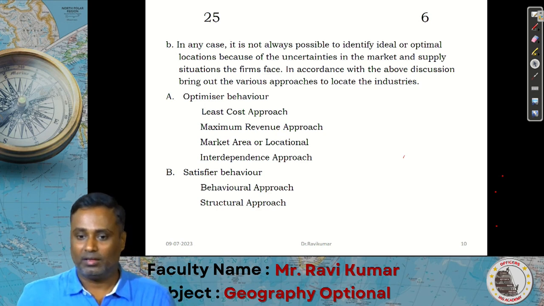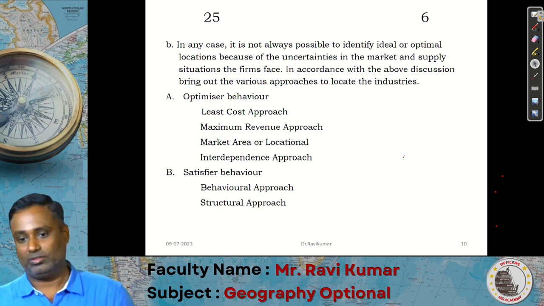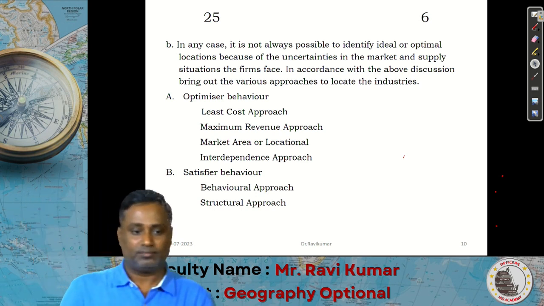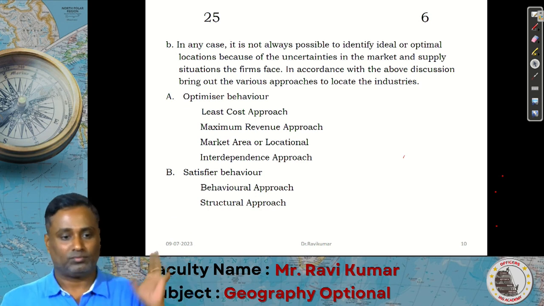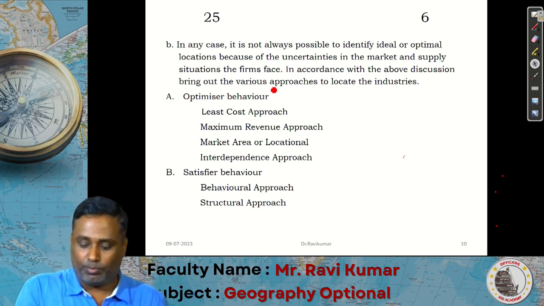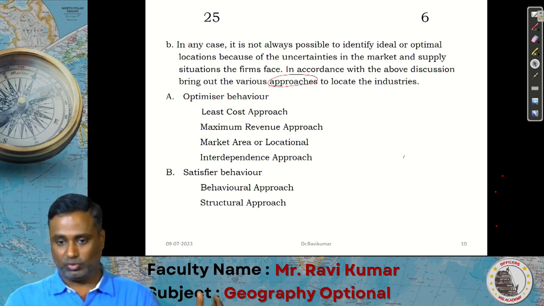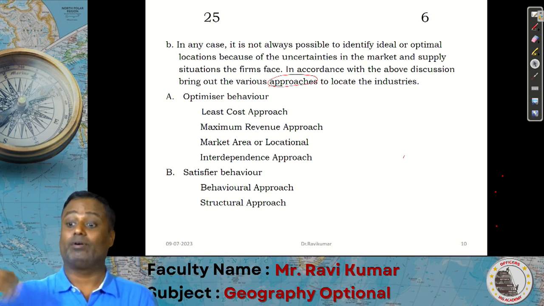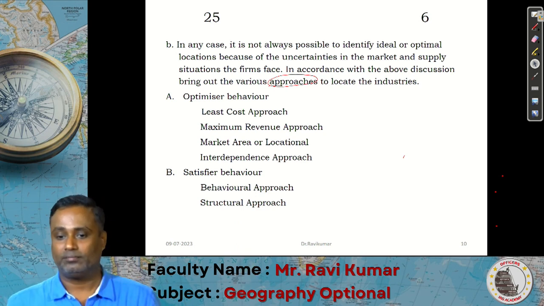Completely fundamental in character. They're asking about the approach, not about any theories. How will we approach the location of industry? This approach is fundamental for each and every theory of industrial location. Every theory follows different kinds of approaches. Now we have to put all the approaches together and explain them.